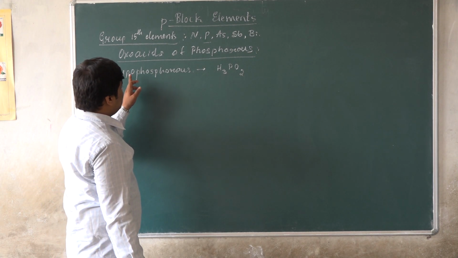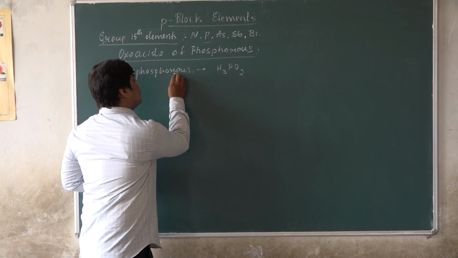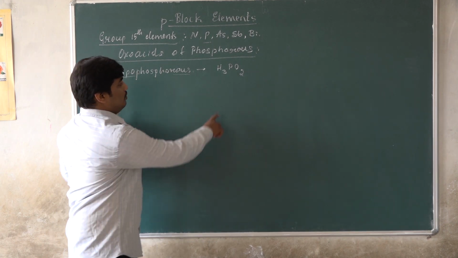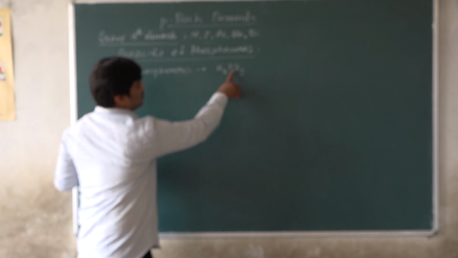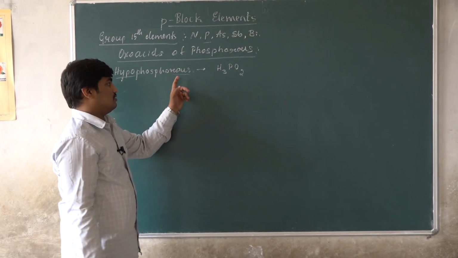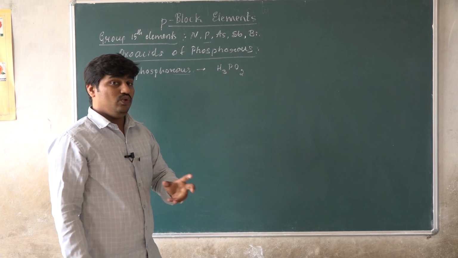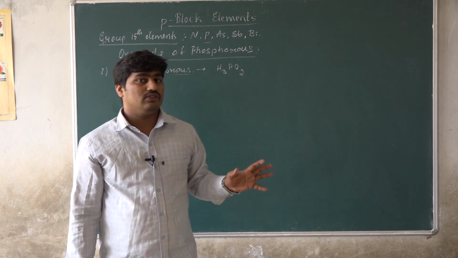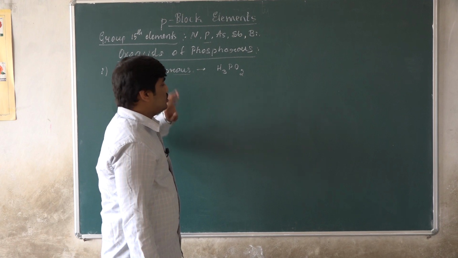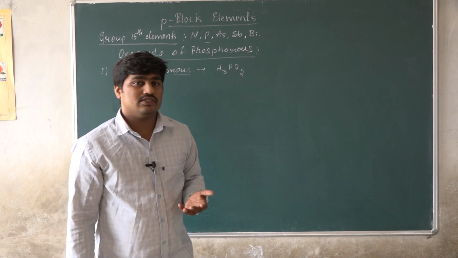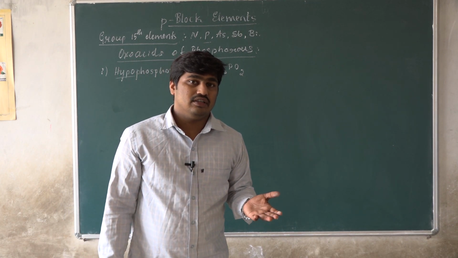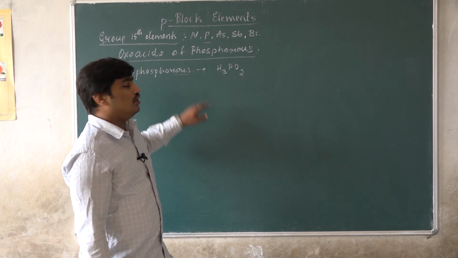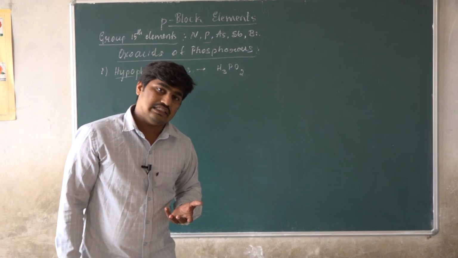Therefore, the prefix hypo is used because of the ratio of hydrogen to oxygen, and the suffix ous is used according to the oxidation state of phosphorus. If the oxidation state of phosphorus is lower, we use the suffix ous, otherwise we use ic.